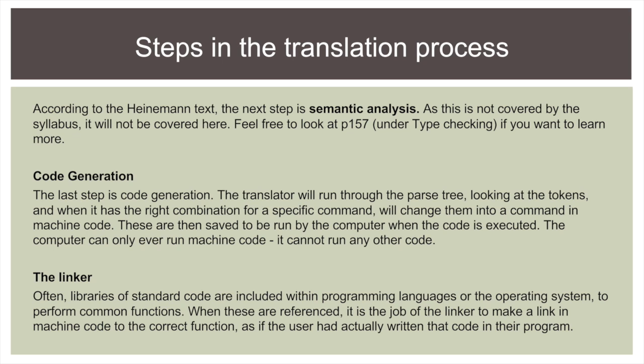So when you access certain elements in your programming language that reference those sorts of things, so maybe it might be a file operation or so on, or print, if you're printing to a printer, the linker will link to the right section of code, so you don't need to worry about writing it for specific hardware.